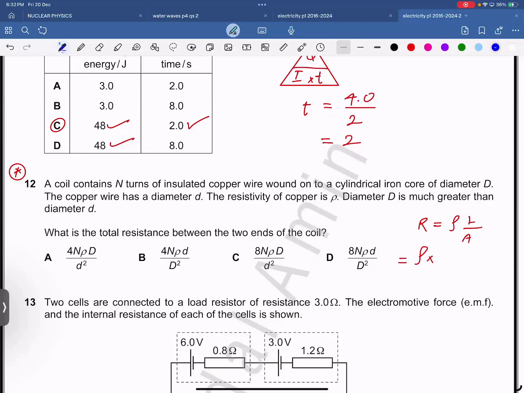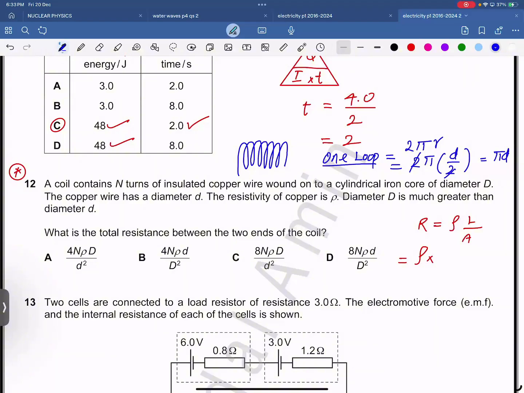If this is in the form of a coil with N turns, the length for one loop is the circumference, 2 pi r. With r as D over 2, the 2 cancels with 2, so one loop is pi D.